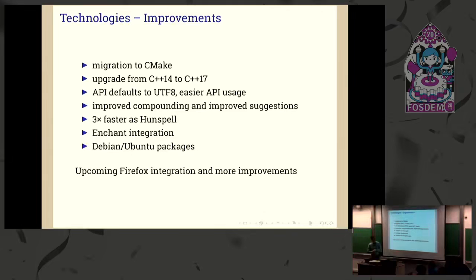Months. Yeah. Enchant integration, it's already a package in Ubuntu, so it just needs to be updated. So that's maybe only one release further down the road. But if you happen to be in a position where you can speed things up on Debian and Ubuntu packaging, please help us out.